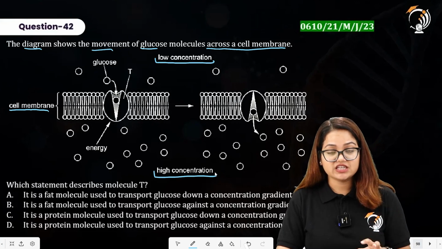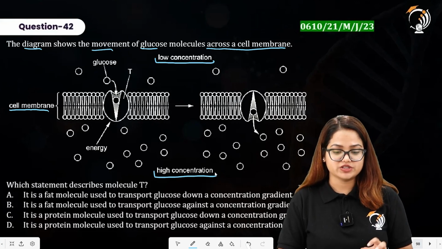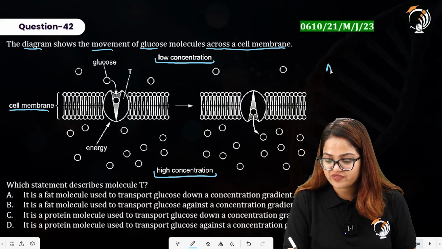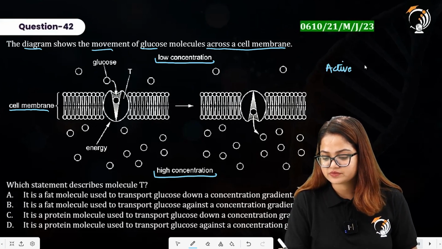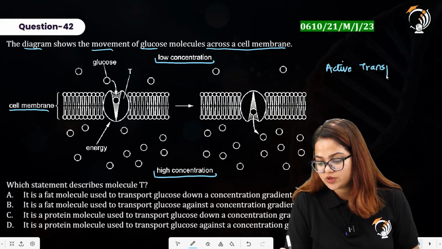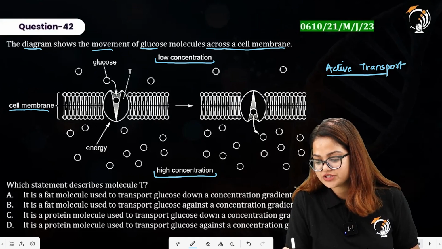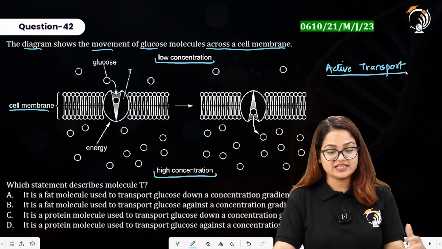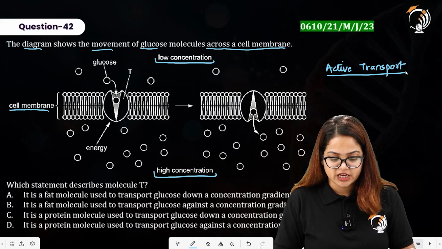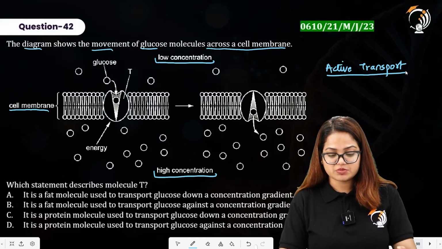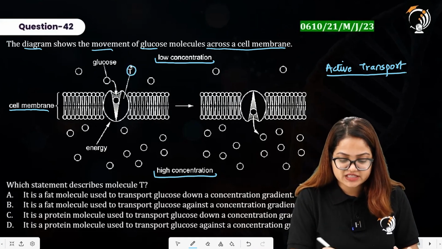So this requires energy for the process to happen, and this is a type of active transport. In active transport, the molecules are transported against the concentration gradient using protein carriers, and energy is required. So basically, which statement describes molecule T, and T here is the carrier protein.